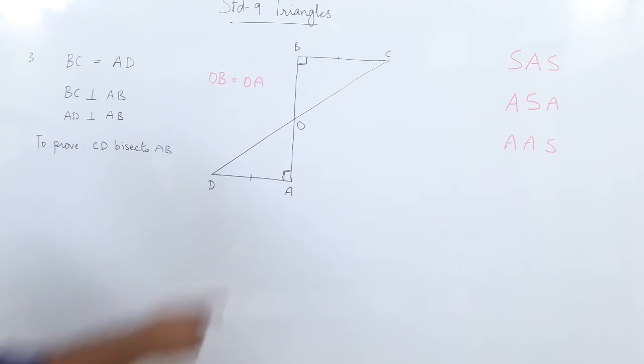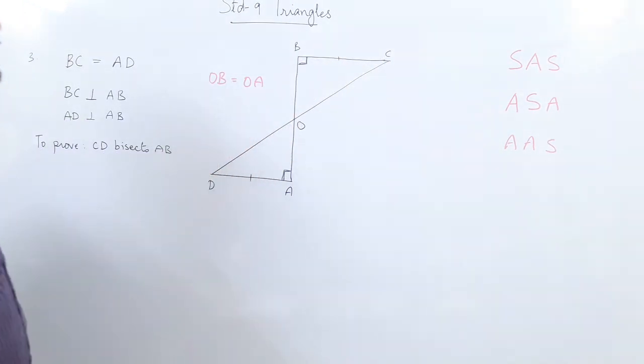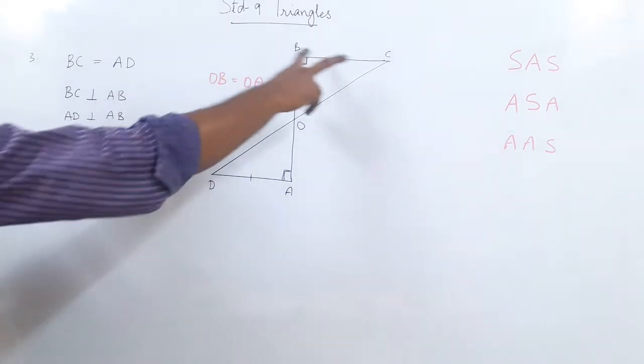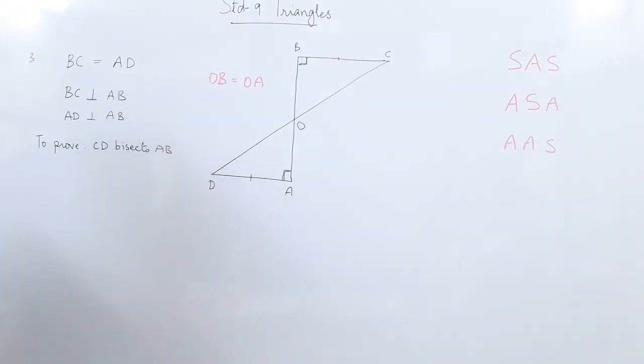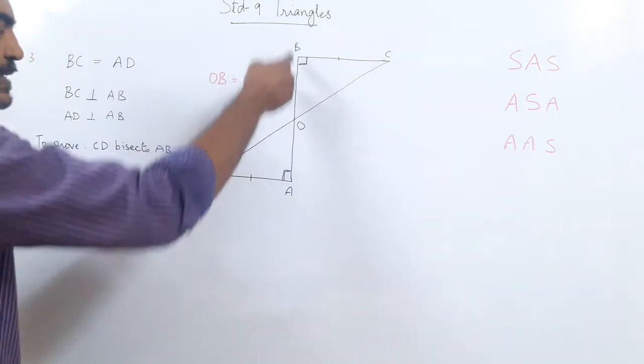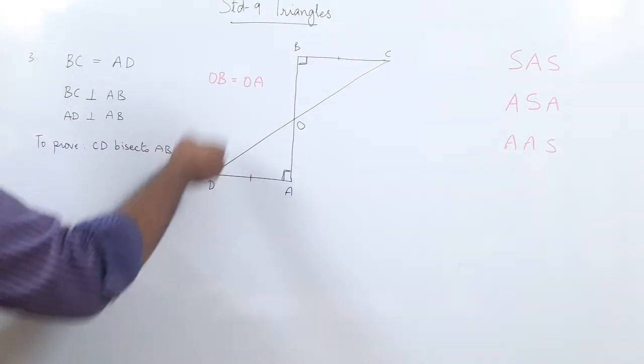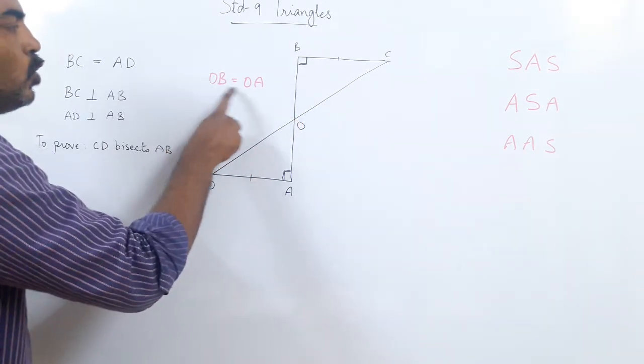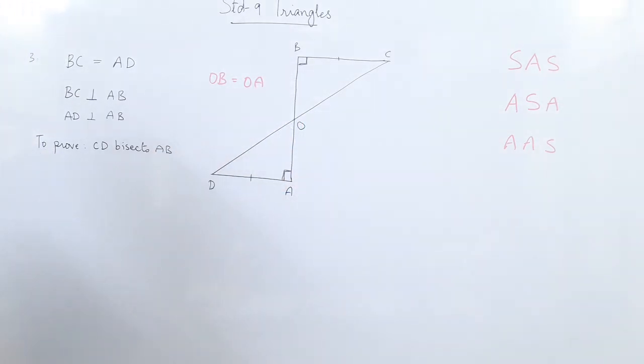So perpendicular means angle CBO is 90 degrees, angle DAO is 90 degrees, that we have, and BC equal to AD, that we have. We have to prove CD bisects AB, means CD cuts AB into two equal parts. In short, we have to show OB equal to OA.